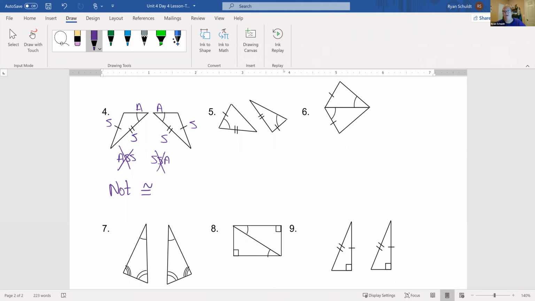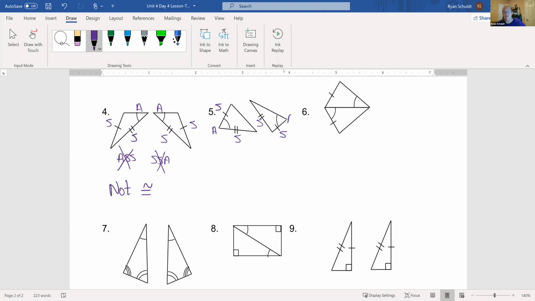Okay, number 5. I see a side. See 2 sides. This one, the angle is in between the sides.